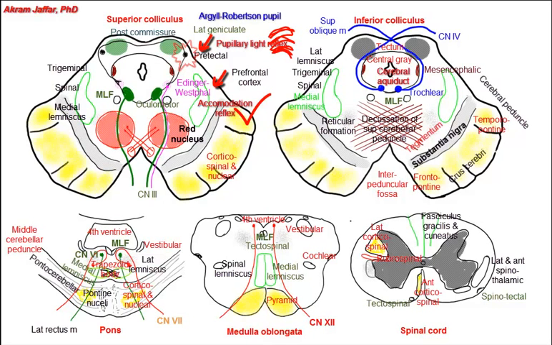Sometimes, not only a tumor of the midbrain, but pressure on the midbrain from a tumor arising outside the midbrain may compress the aqueduct and produce hydrocephalus. When the cerebral aqueduct is blocked, the cerebrospinal fluid will accumulate in the third and lateral ventricles.